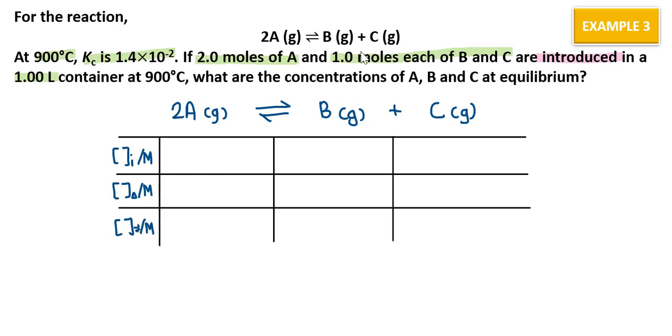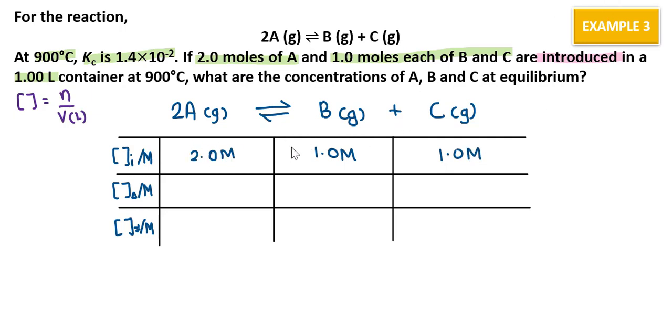Since we have the number of moles and also the volume, we know that concentration equals moles over volume in liters. So since the volume is 1, 2 over 1, we have 2.0 molar for A, for B 1.0 molar, and C is also 1.0 molar.